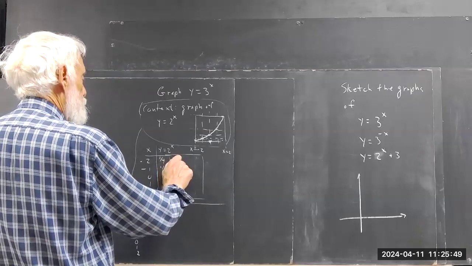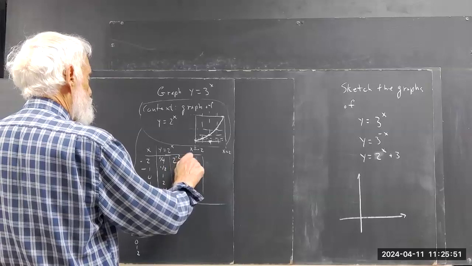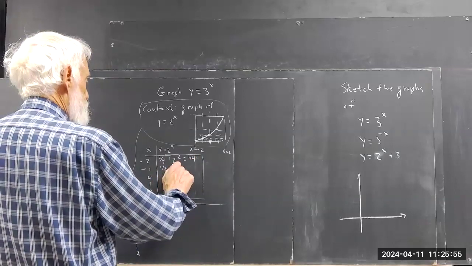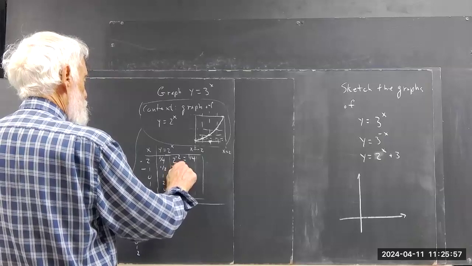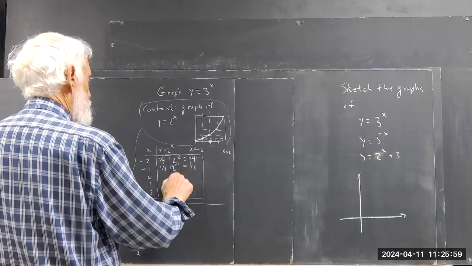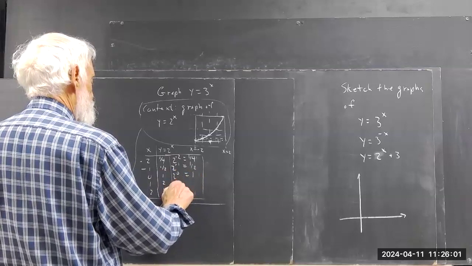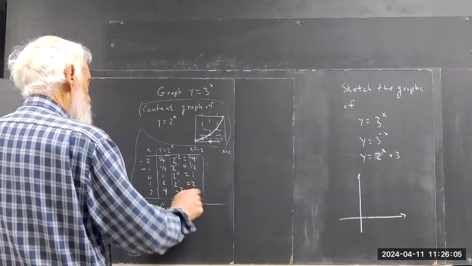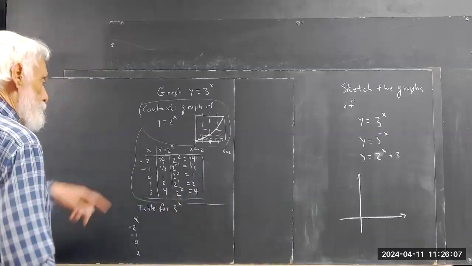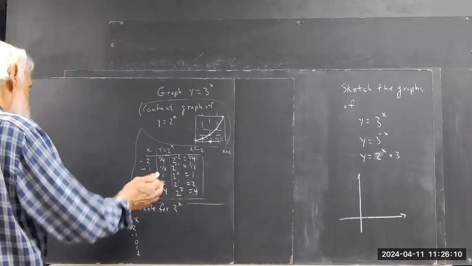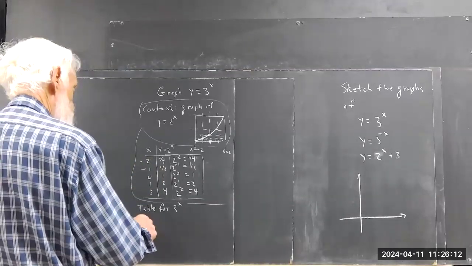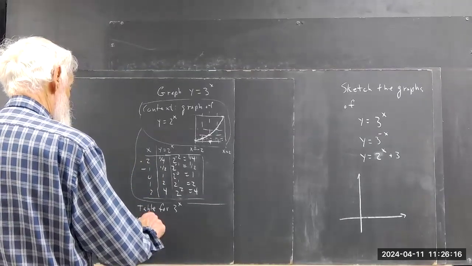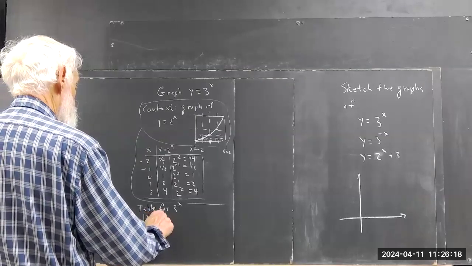Then you calculate this: 2 to the -2, which I should have done originally, is 1/4. 2 to the -1 is 1/2. 2 to the 0 is 1. 2 to the 1 is 2. 2 to the second is 4. Okay. So that would be a table for 2 to the x. Anyhow, we want to do y equals 3 to the x.